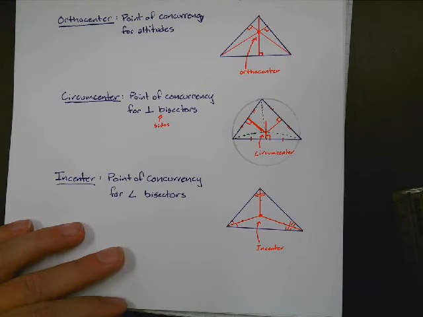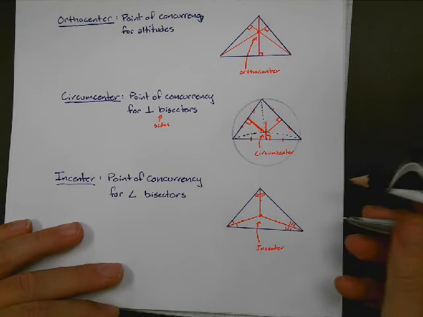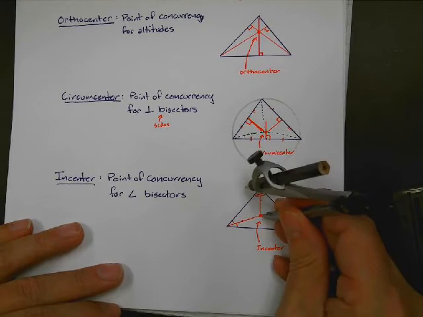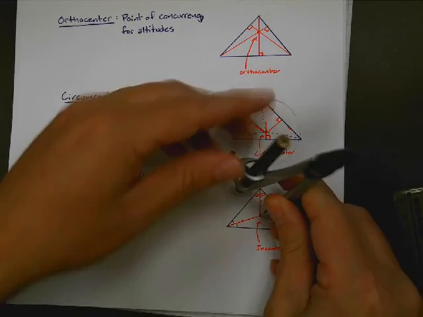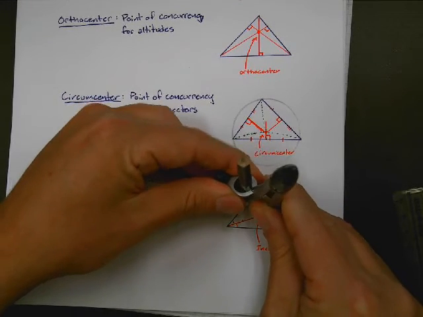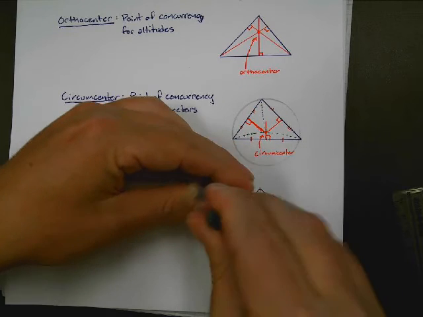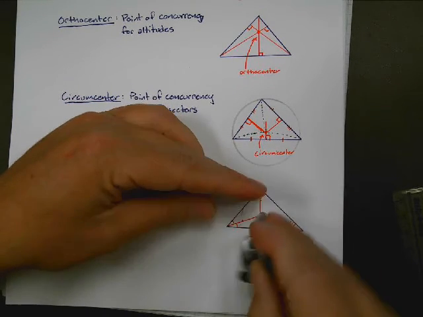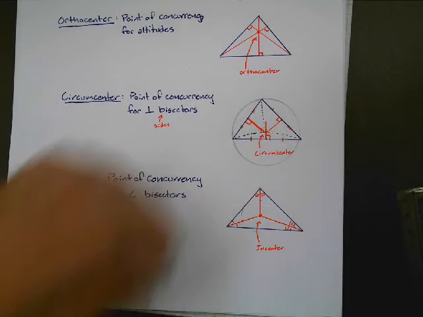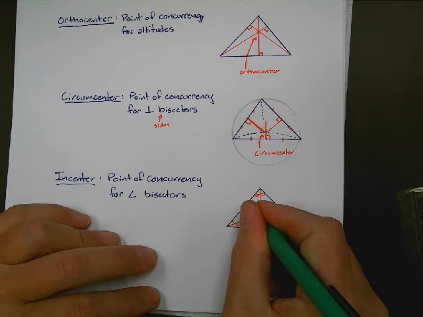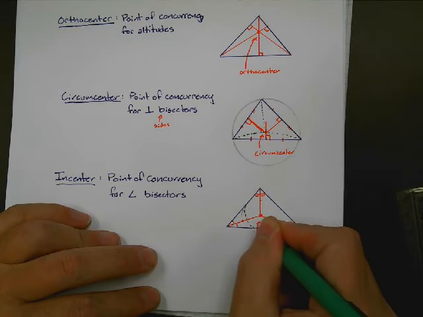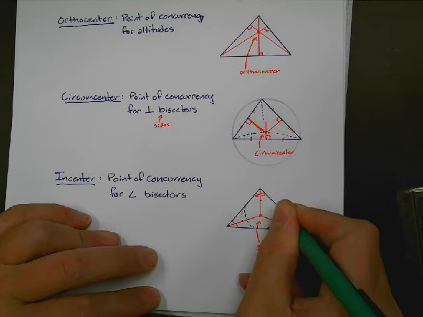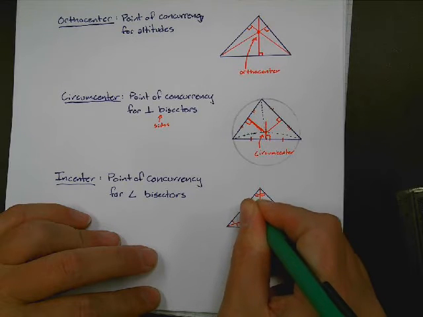So what does an incenter do that's special? Well, it is a circle that goes inside of the triangle. And I might have made this triangle too small to actually do this. Yeah, I probably did. Oh well. We're just going to go with it and say that it makes a circle inside of the triangle.